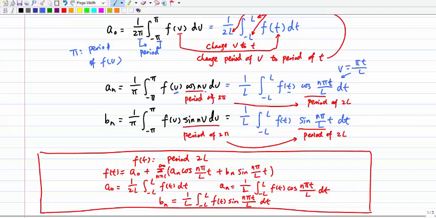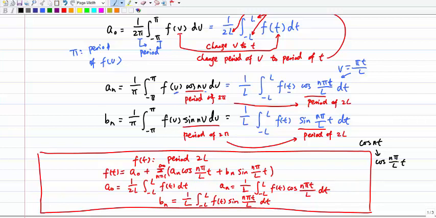So f(t) is a periodic function with fundamental period of 2L. f(t) is equal to a0 plus summation n from 1 to infinity of an cosine n pi t divided by L plus bn sine n pi t divided by L. The only change you can see from the previous standard one is that originally I have cosine nt, and now this one changed to cosine n pi over L t.